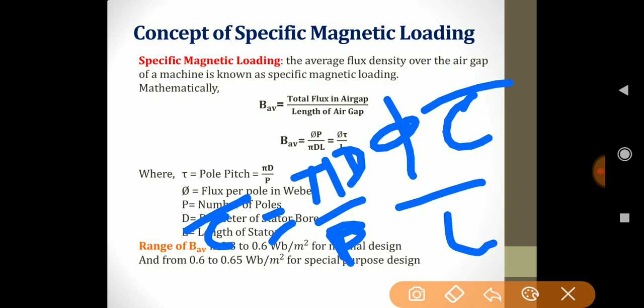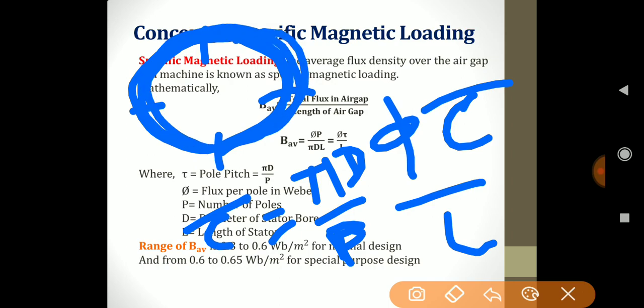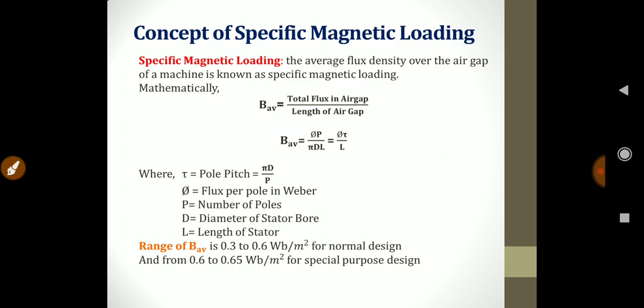Suppose there are 4 poles, then we divide this distance into 4 parts like this, and the distance between any two poles is represented by pi D by P. Pi D is the circumference, and dividing by P, the number of poles, gives us the pole pitch.